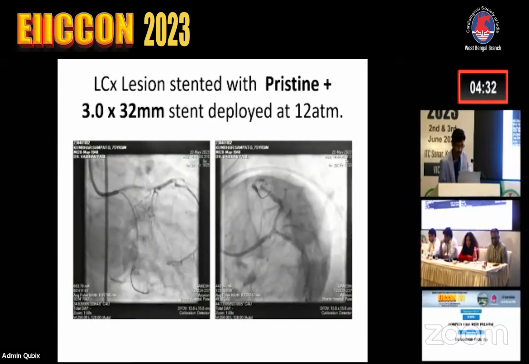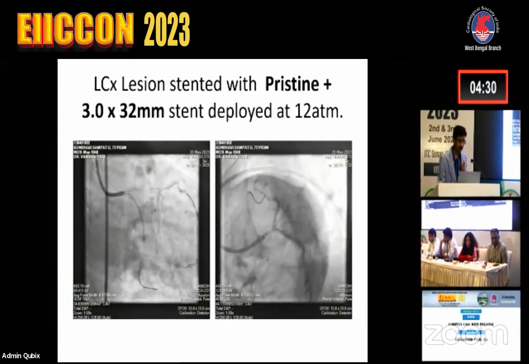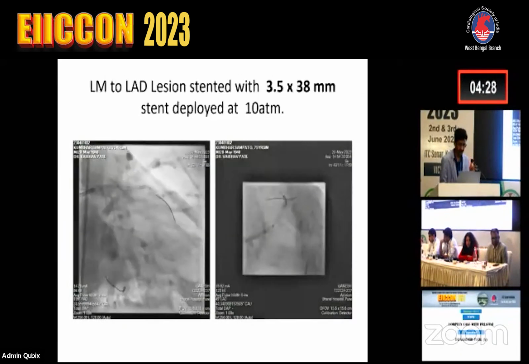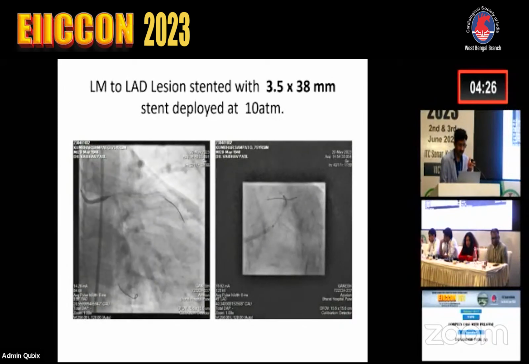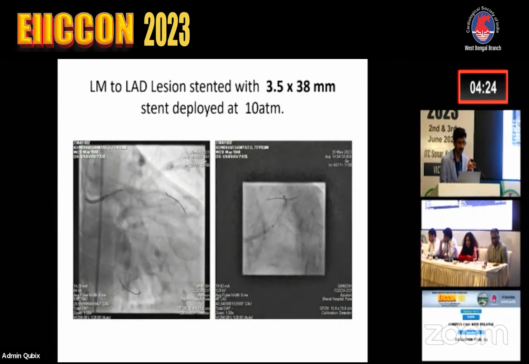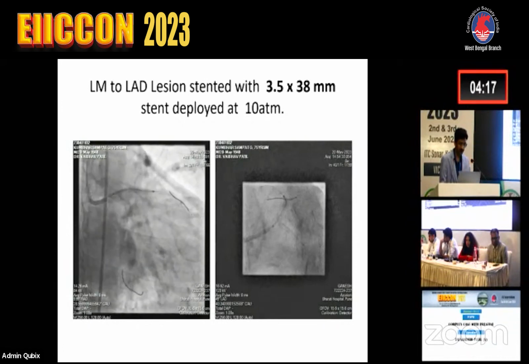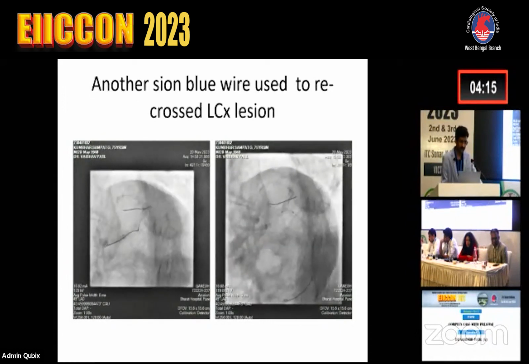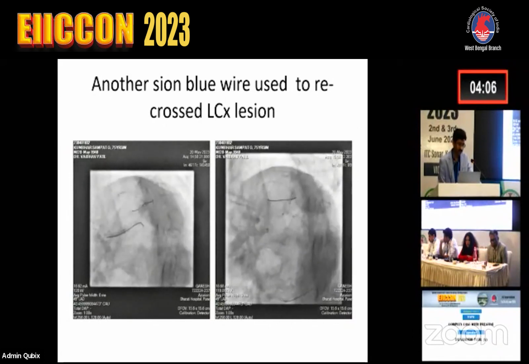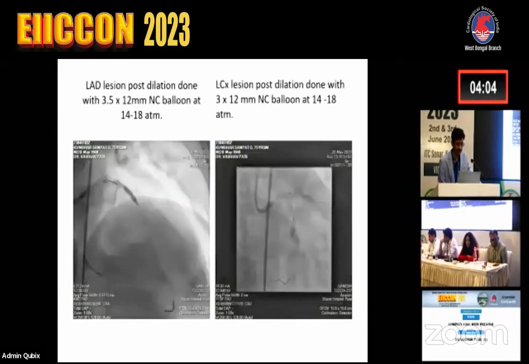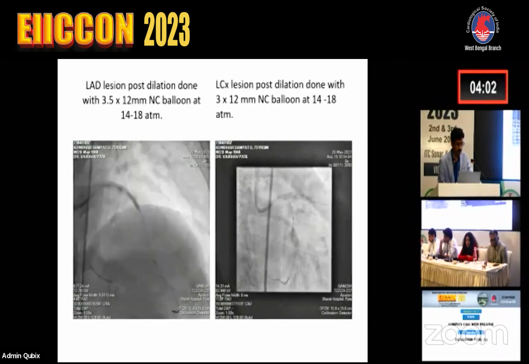And so I wanted to do it as a T-stent. Then a left main to LAD stent, 3.5 into 38, was deployed from the left main to the proximal LAD, and the wire was recrossed. Another wire was recrossed, a blue wire recrossed from the left main stent to the LCX, and the previous wire to the LCX was taken out.